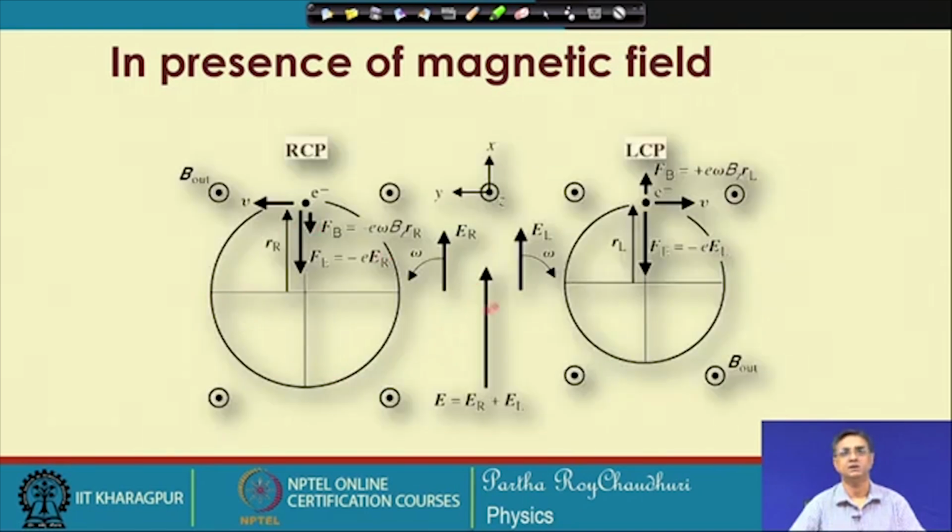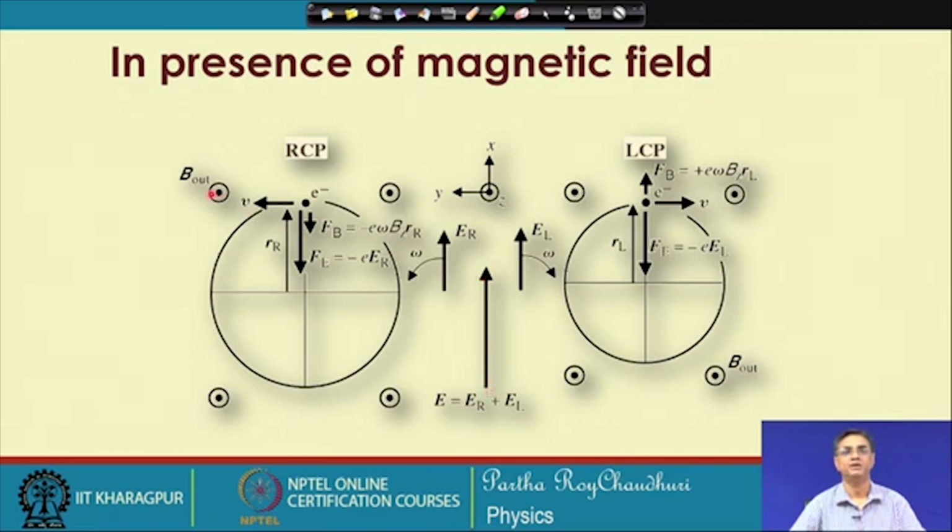So, this is the configuration. You have the electric field, because these are the polarizations, right circularly polarized light and left circularly polarized light, and then you have the electric field at any instant of time given by this vector, the tip of the vector, and the sum of these E r and E l will be the resultant field, which is due to the input plane polarized light.